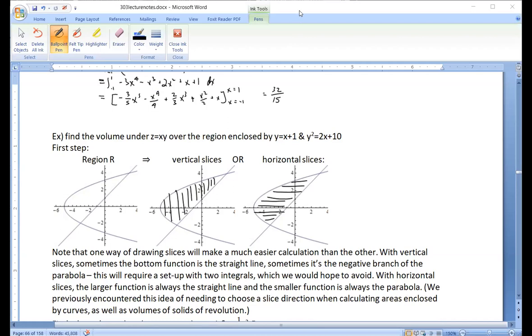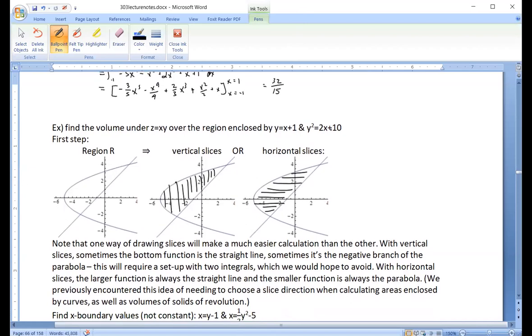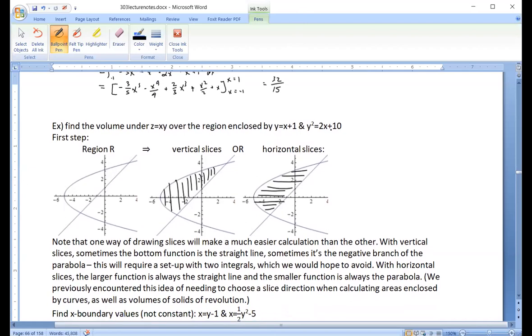And we'll need to find the boundaries for y, but also we're going to want to find the boundaries for x. So the boundaries for x, solving for x: the upper boundary, if you solve for x on the line, is x equals y minus 1. And then the lower boundary, on the parabola, solving for x, is x equals half y squared minus 5.